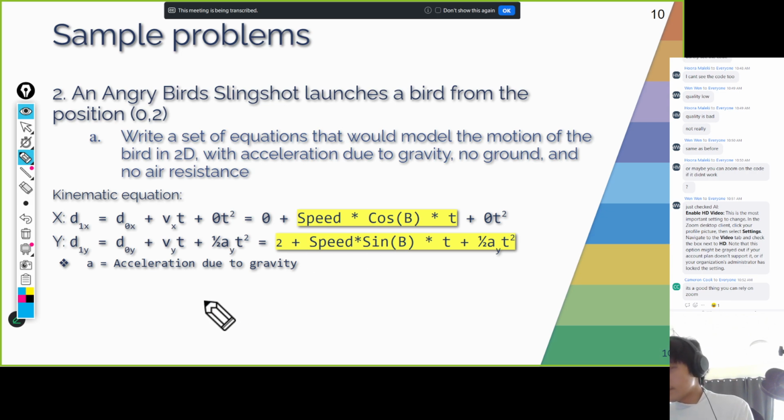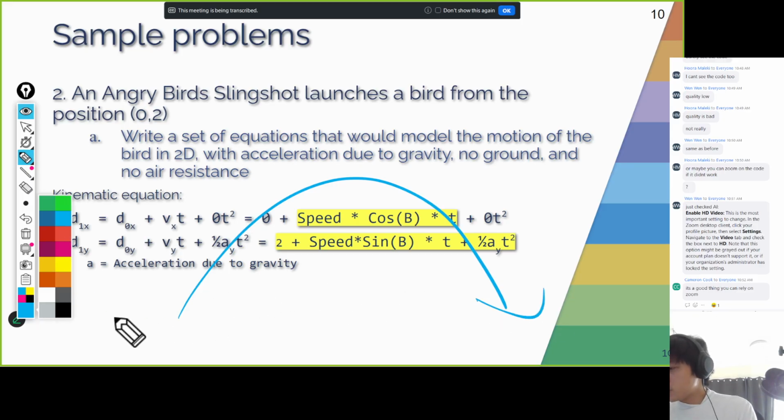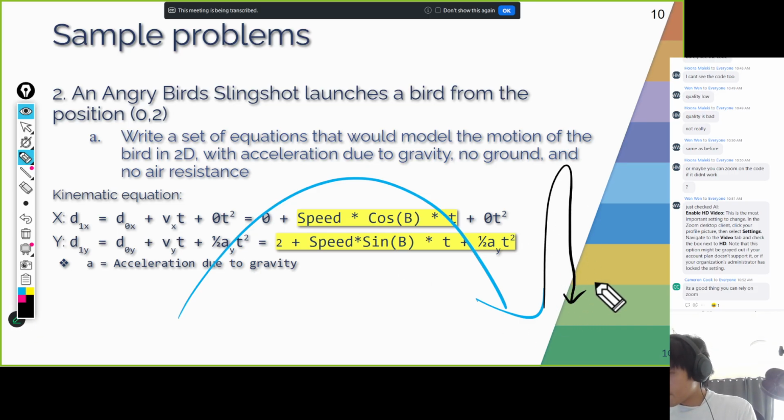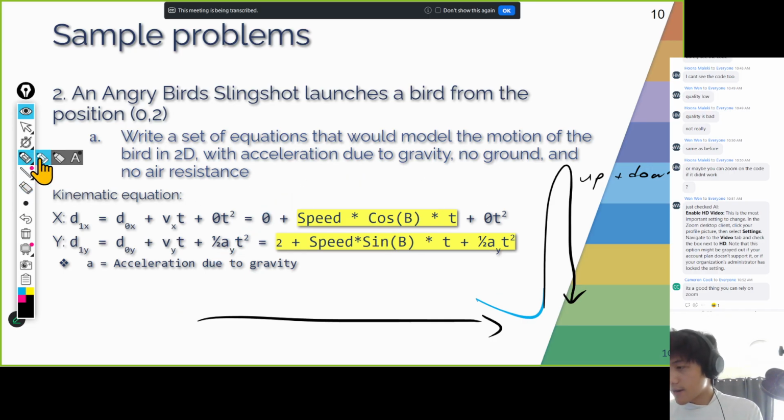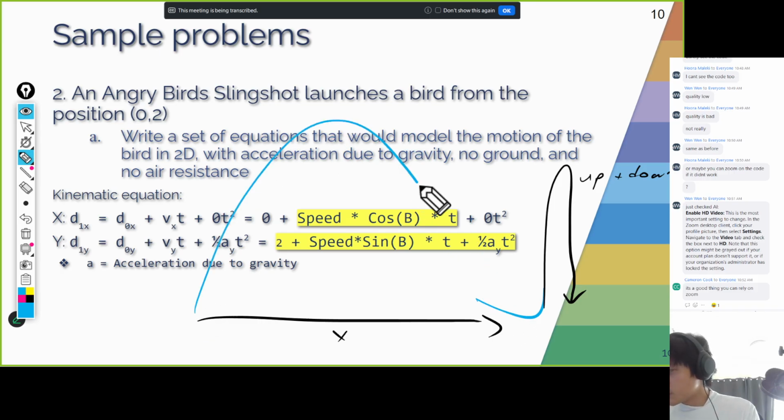There's this whole motion, but we split it up into two parts: there's the up and down, and then there's the horizontal. That makes it a lot easier. Horizontal is just our x. So instead of thinking about this in 2 dimensions, we think about it twice in 1 dimension each. Break it down.